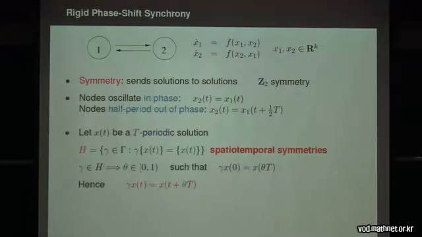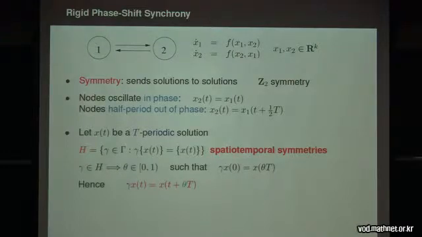Now, I'd like to show you that it is really not surprising that solutions of this type can be found. Suppose that I have a T-periodic solution to a system of differential equations which has gamma, a group's worth of symmetries. What happens when you apply gamma symmetry to the trajectory of x of t?